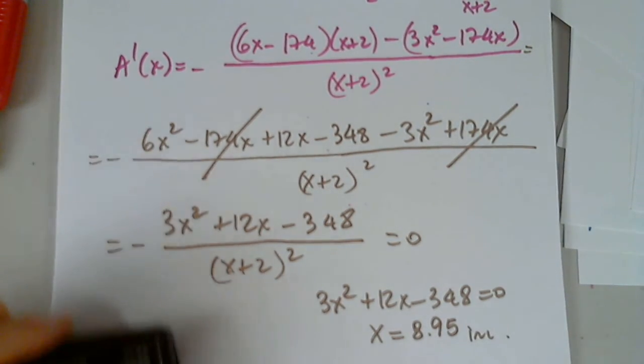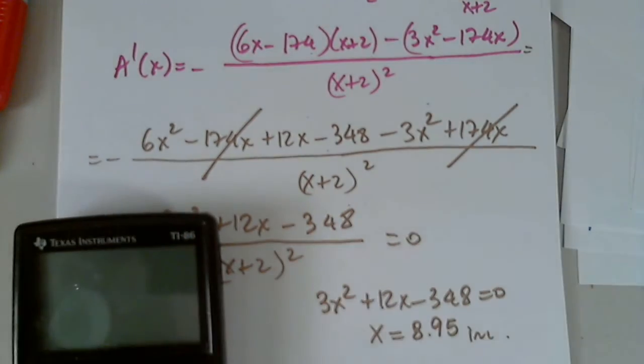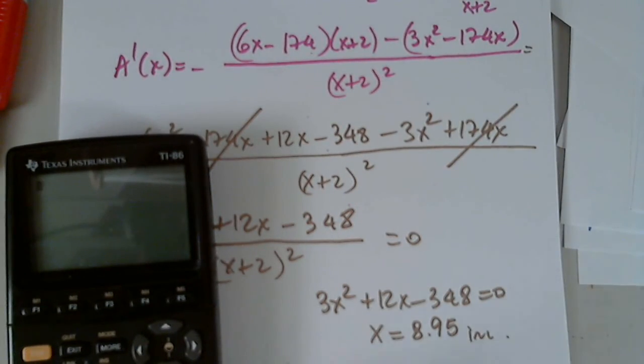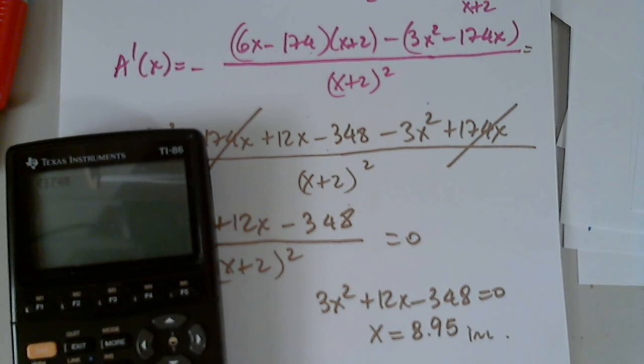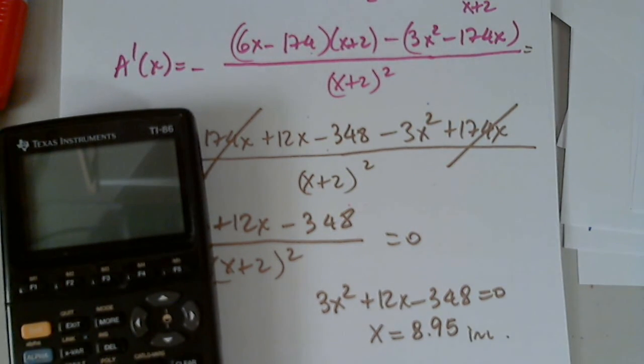Now I have to determine Y. So Y equals, and I'm going to use parentheses, 174 minus 3 times the previous answer, close the parenthesis, and divide by parentheses the previous answer plus 2. I determined it differently.